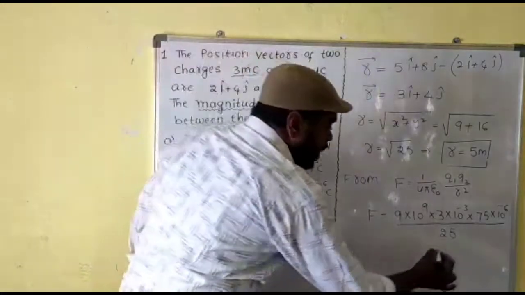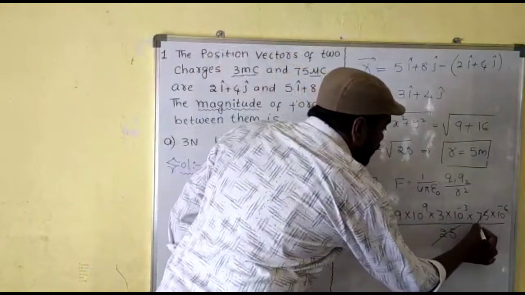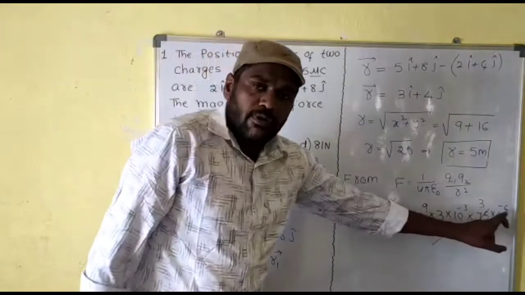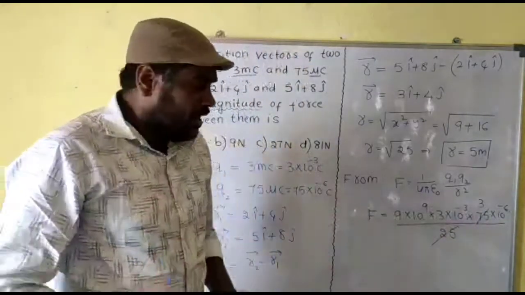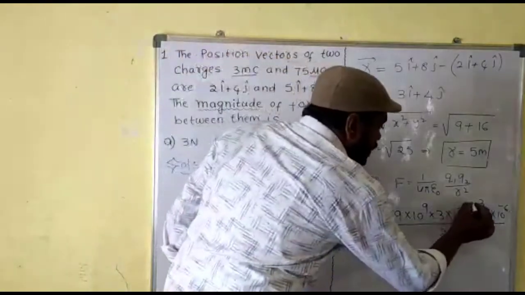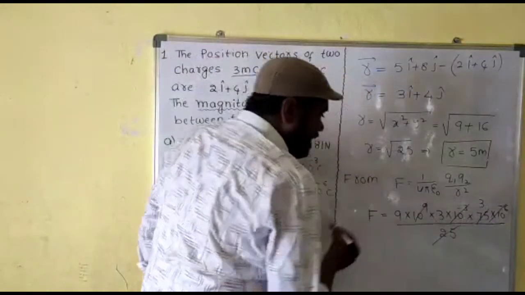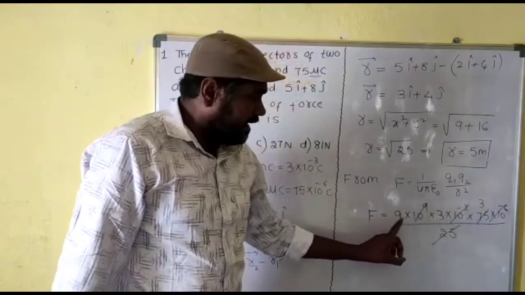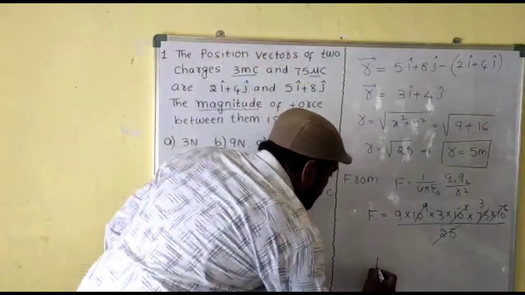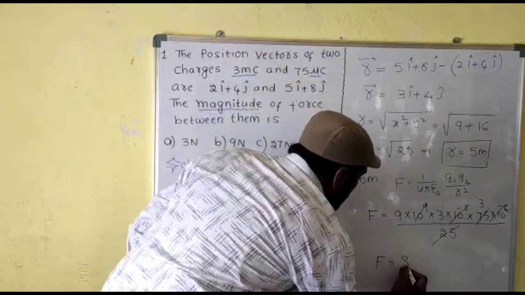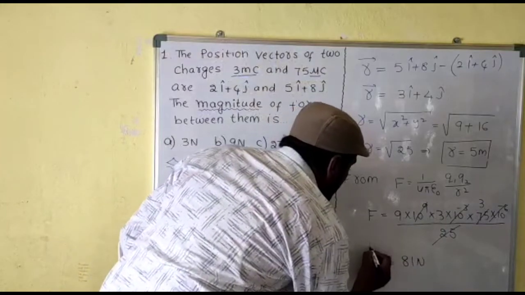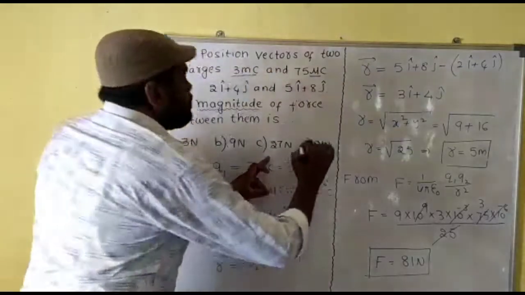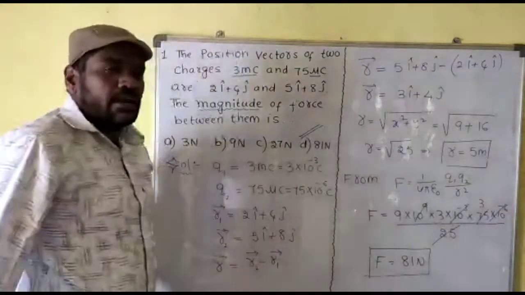Yes, exactly. 25 ones are 25, threes cancel. Now 10 power minus 3 and 10 power minus 6 become 10 power minus 9, and 10 power minus 9 with 10 power plus 9 cancel. Here there is 3, 3 nines are 81. Therefore the magnitude of the force between them is 81 units. This is the answer. Therefore option D is the correct answer.